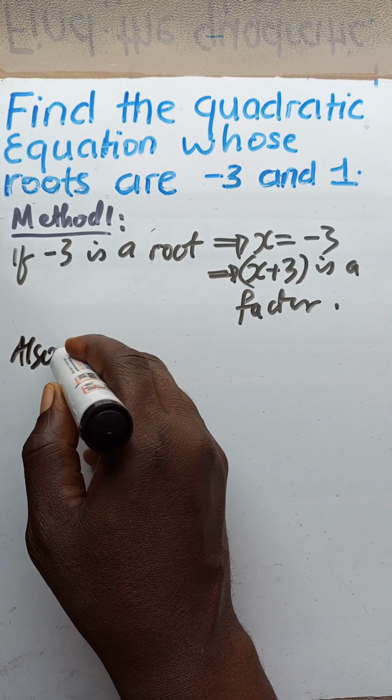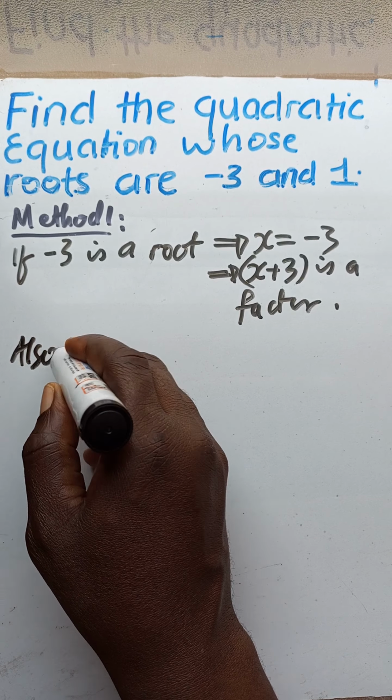Negative x plus 3x is the same as 3x minus x, which is positive 2x. And this gives us the required equation. This is the quadratic equation whose roots are -3 and +1.